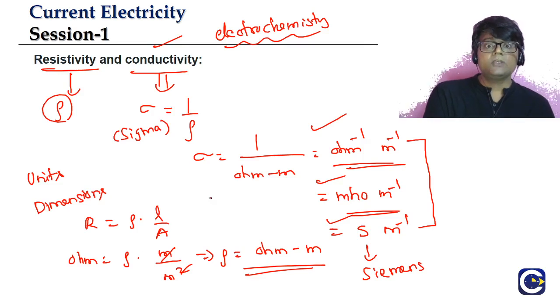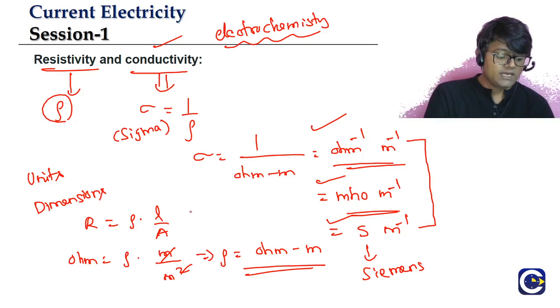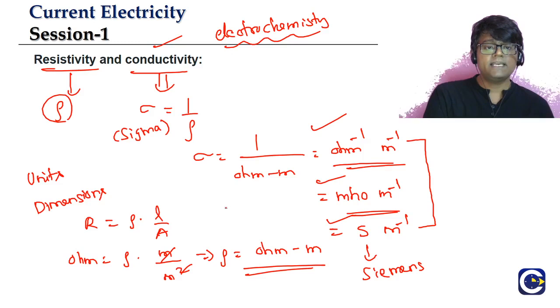And using dimensional analysis, we can even find the dimensional formula for both resistivity as well as conductivity. If you are able to find the dimensional formula for resistivity, the conductivity dimensional formula will be just the inverse of it. Clear?